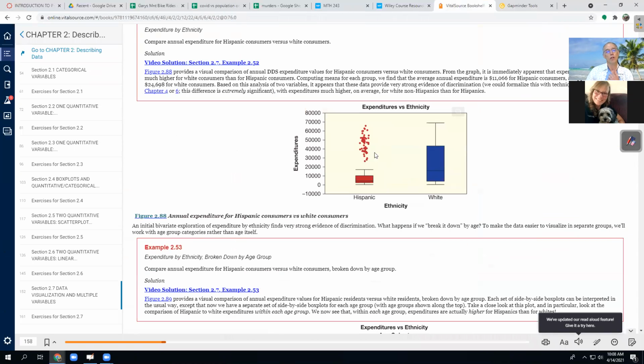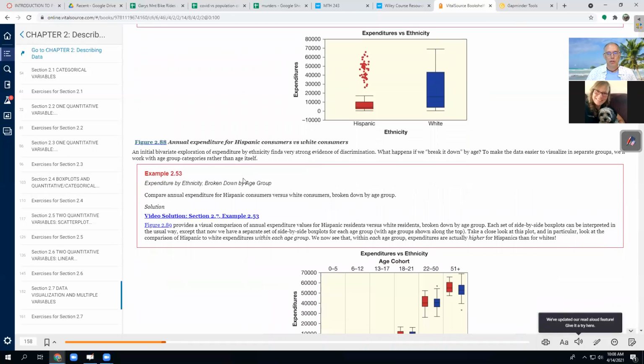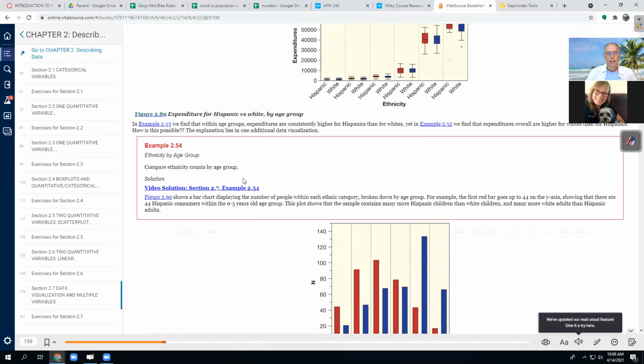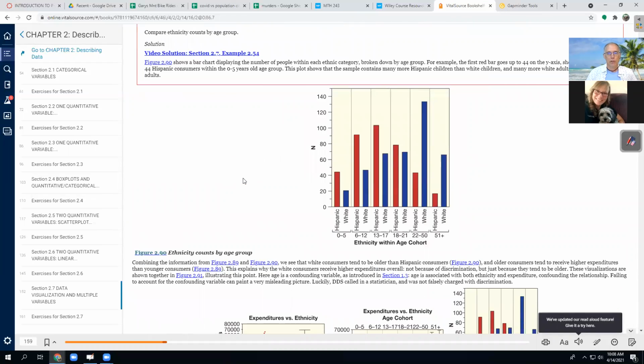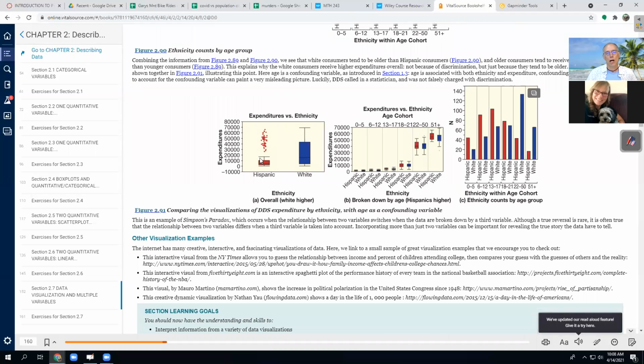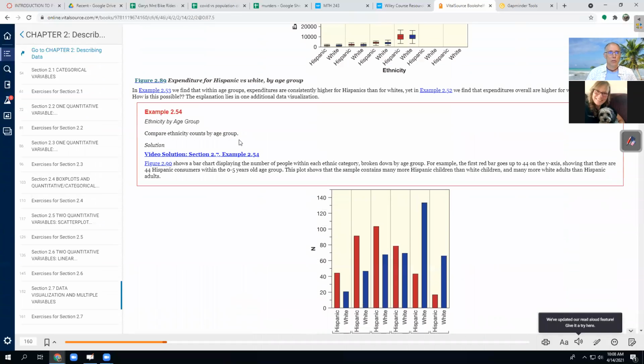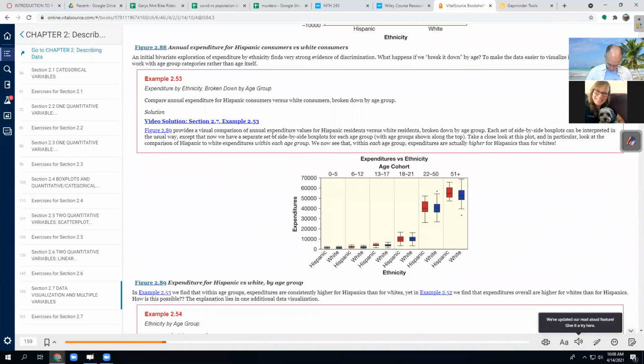They give a few different graphs where they're trying to explore what's going on with this data about expenditures on people that need assistance due to some disability. And they do a good job of walking through trying to figure out what's going on and why we need to look at multiple views of the data and multiple variables. So be sure to check that example out later.